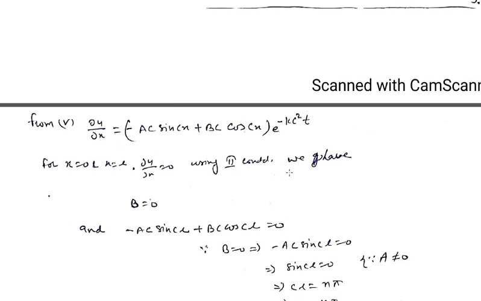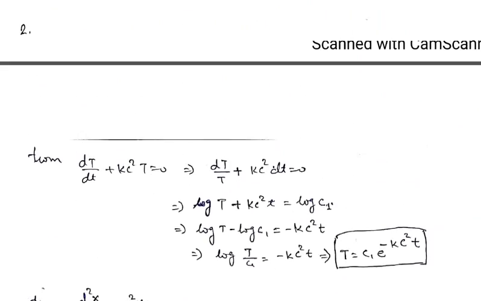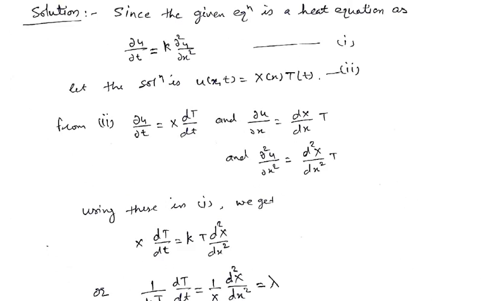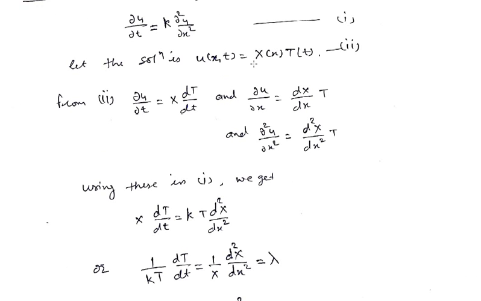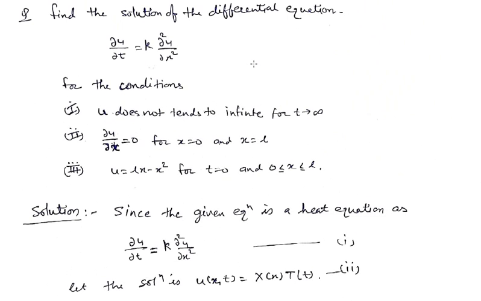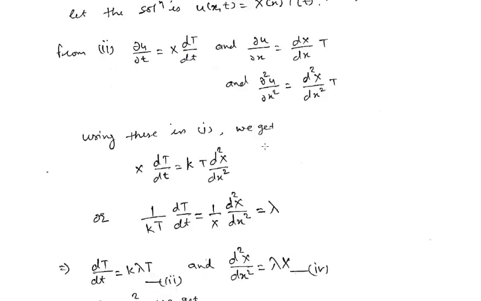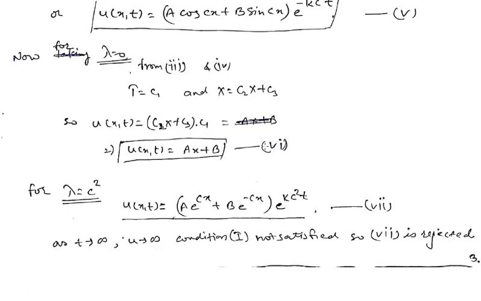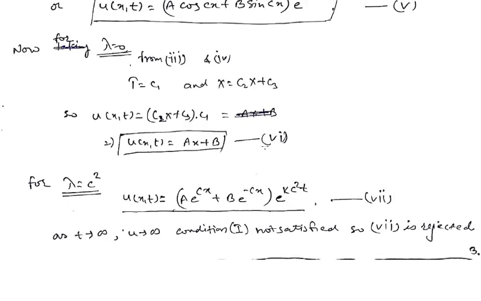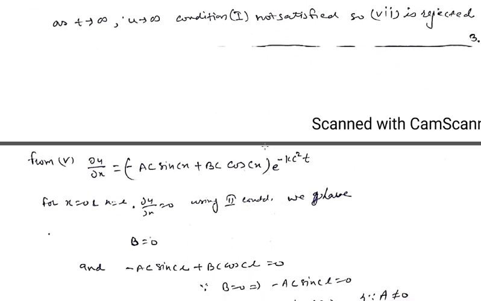Now here we use the second given condition, which says del u upon del x is equal to 0 for x equal to 0 and x equal to L. So in that derivative we will put the value of x equal to 0 and x equal to L.